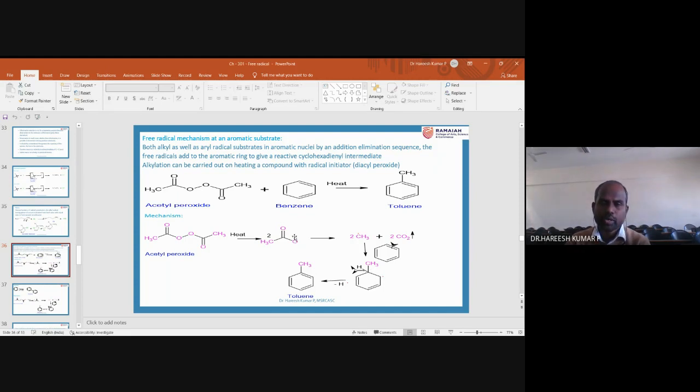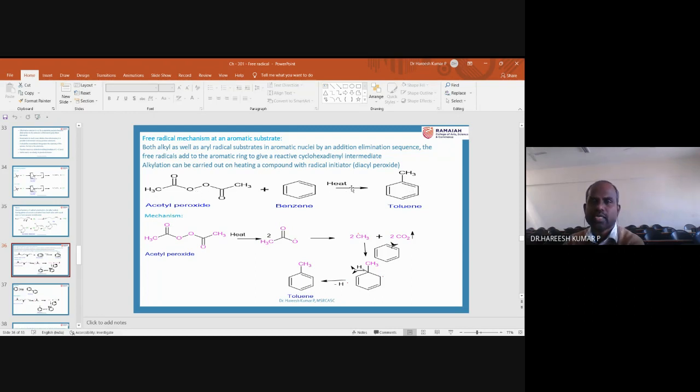It is possible to convert benzene into toluene by treating with the acetyl peroxide.